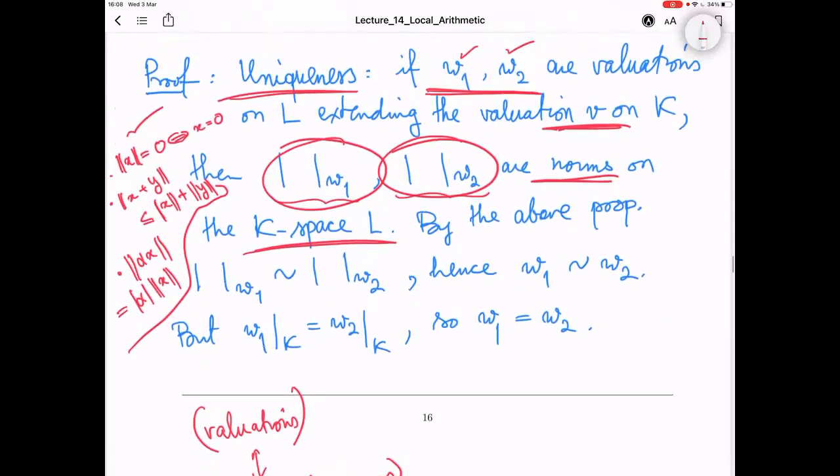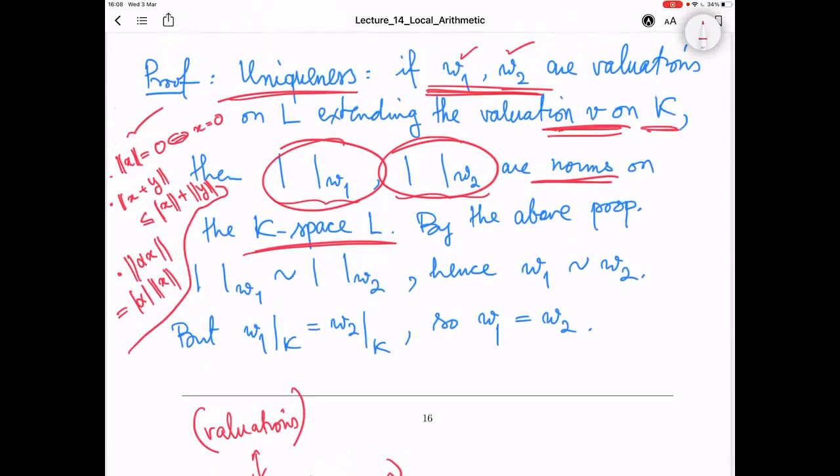Anyway, if there are two valuations W1 and W2 extending the valuation V on K, then the associated norms on the K vector space L will be equivalent, because any two norms on a finite dimensional vector space are equivalent. That's what we have just proved.